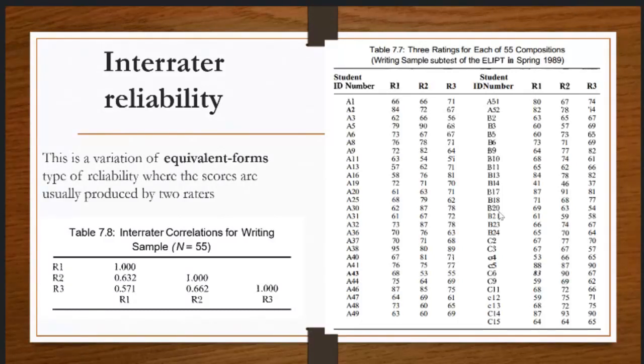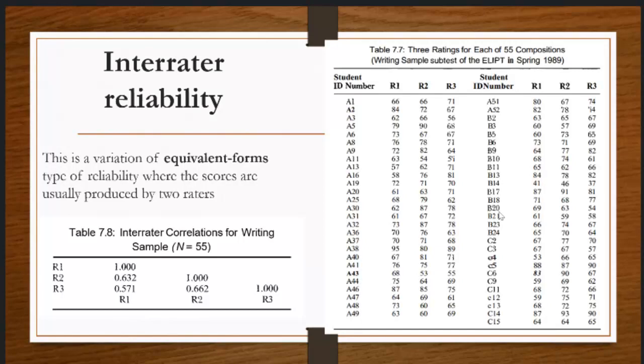For those of you who don't know, inter-rater means we consider two raters. This is a variation of the equivalent forms type of reliability, where the score is made by two raters.